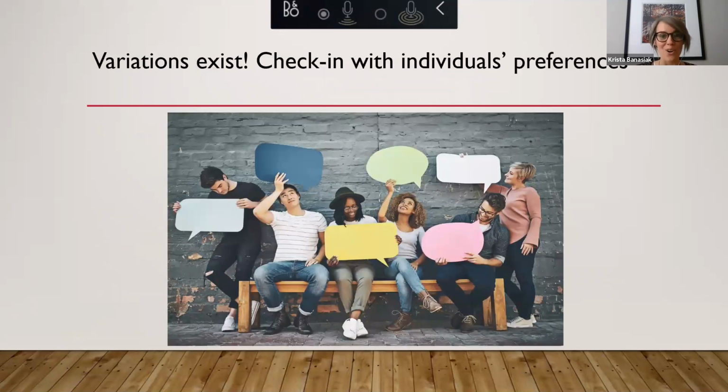Now, a little word of caution here. It's important to remember that everyone is different. So while today we will discuss some recommended language, not everyone will respond the same way to its use. Some people might object or be irritated by certain language, so really listening to the people that you work with is important. An example here would be the term diabetic.